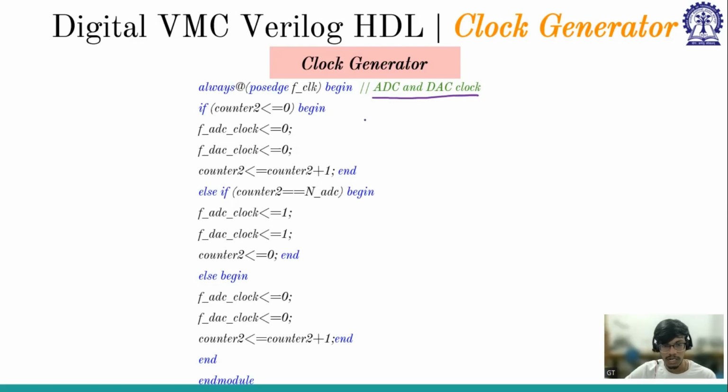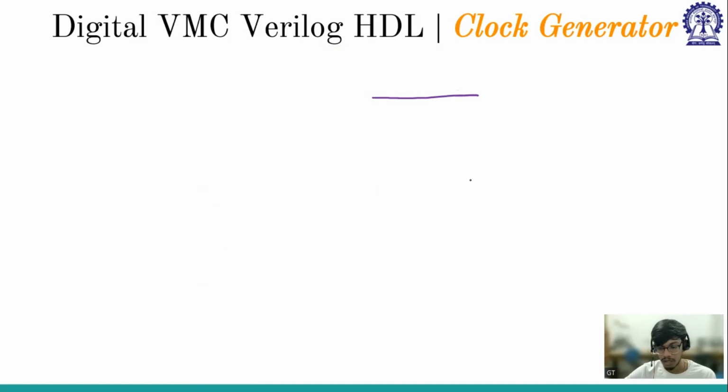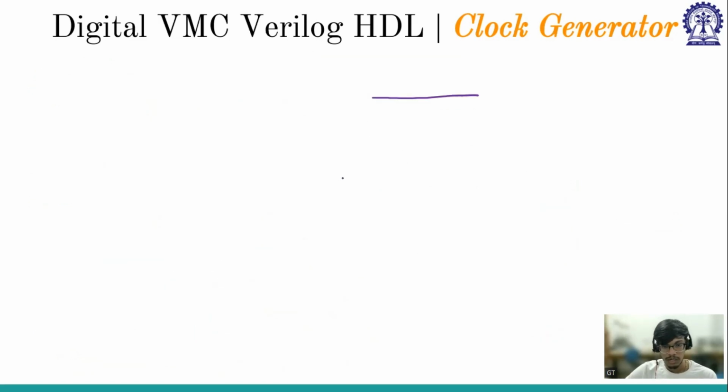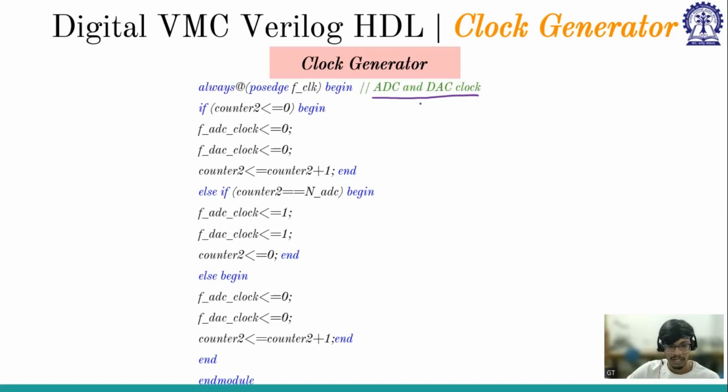So the clock generator, we have got FSW using one counter based always block, and the other part is the ADC and DAC clock. Here it will count till 3, so that FADC will be equal to FDAC will be equal to 25 megahertz.